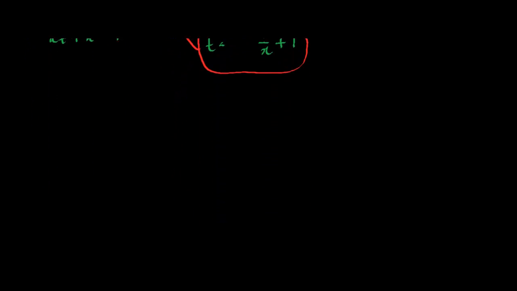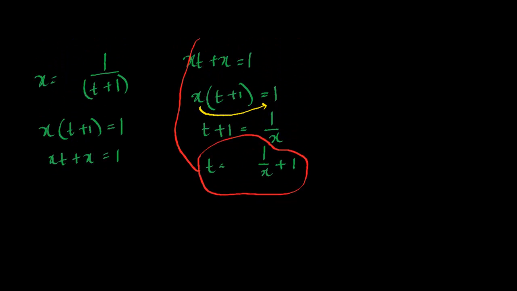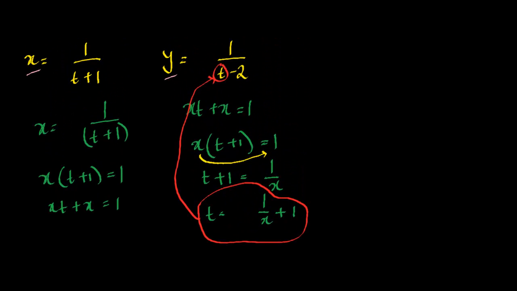Continuing that, so y is equal to 1 over t minus 2. So y is equal to, using the value of x, 1 over x plus 1 minus 2.